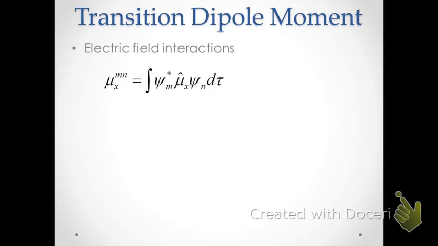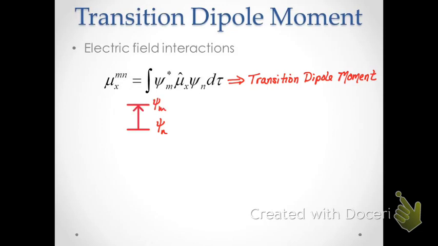Now, the magnitude of that transition, the intensity of that transition, is determined by something called the transition dipole moment, which is given by this integral here. And in this integral, the wave function with subscript n, psi sub n, would represent the initial energy level, and the wave function represented by m would represent the final energy level.